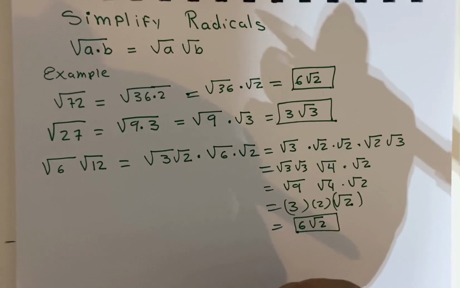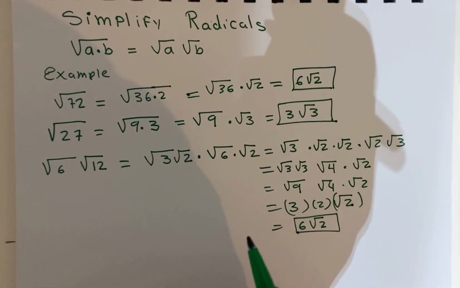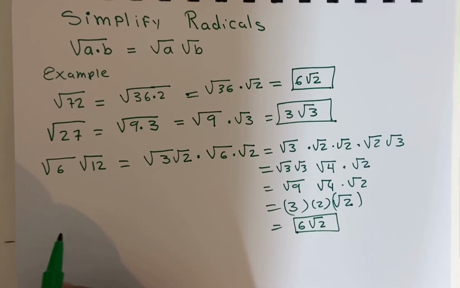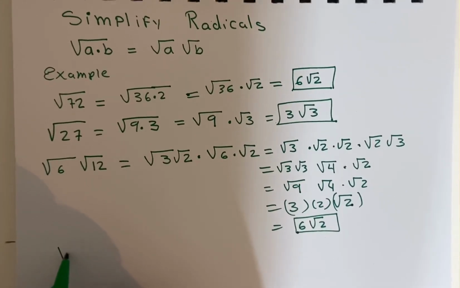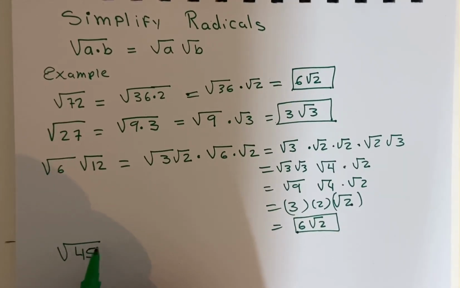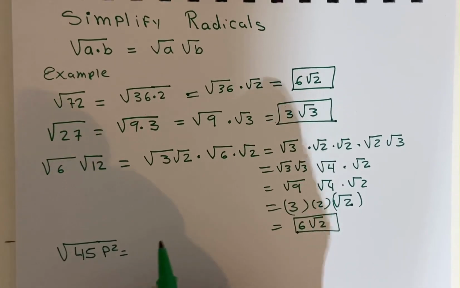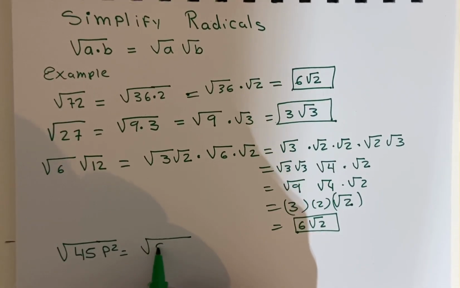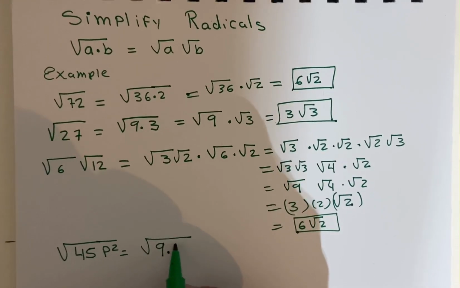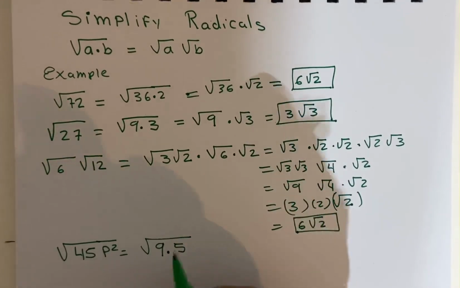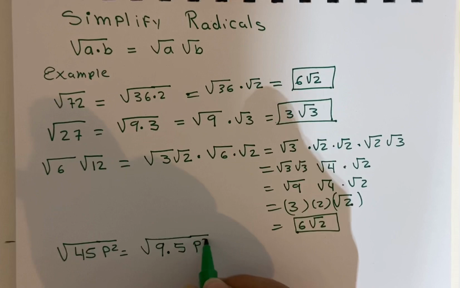Now, if you were to have something like this, the square root of 45 times p to the second power, I can rewrite this as 9 times 5, and then p squared.